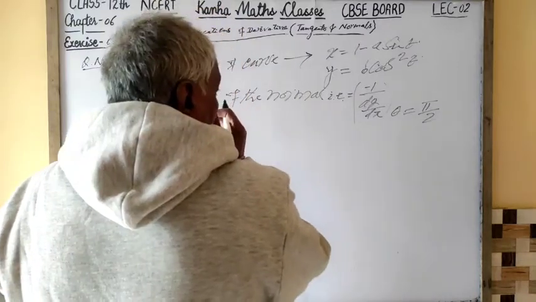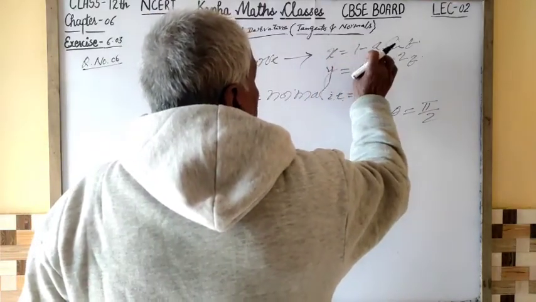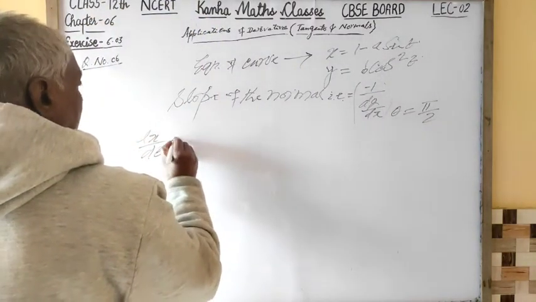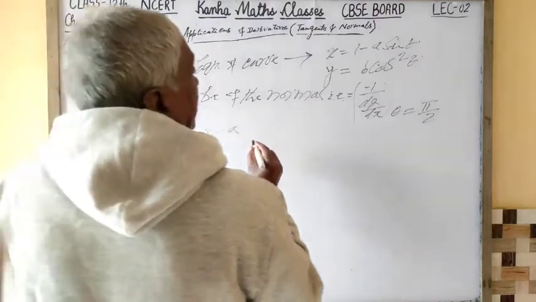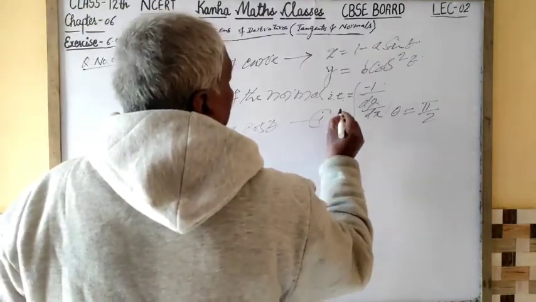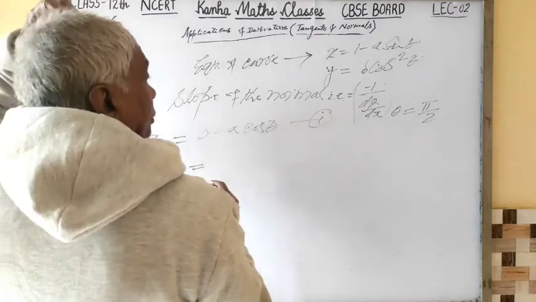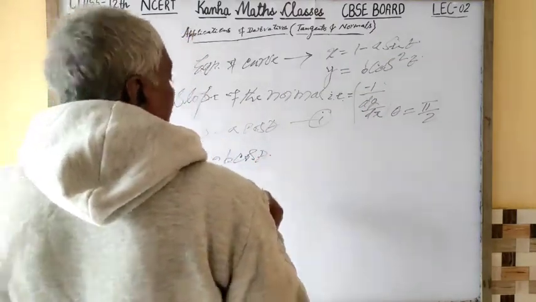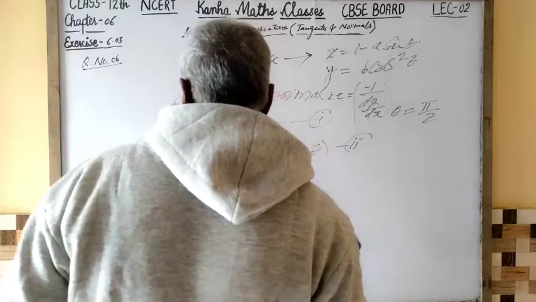For the slope of the normal, first of all we will calculate the slope of the tangent, and for this we will differentiate these with respect to theta. dx by d theta is equal to 0 minus a cos theta, this is equation 1, and dy by d theta is equal to twice b cos theta into minus sin theta. This will be equation 2.